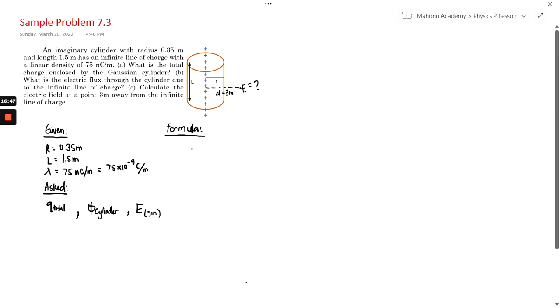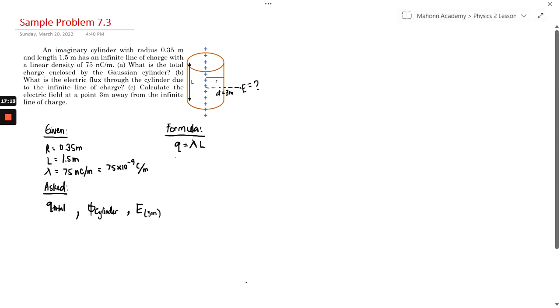The formula that we have is, first, if we want to find the Q total, and we have our lambda, the equation is Q equals lambda times length. This came from the equation of our linear charge density, lambda equals Q divided by length. We just rearranged the equation.